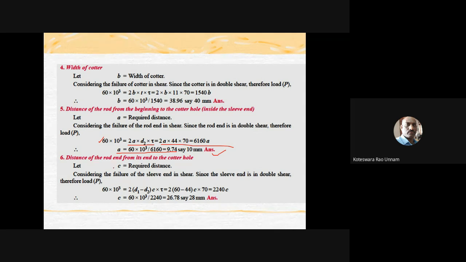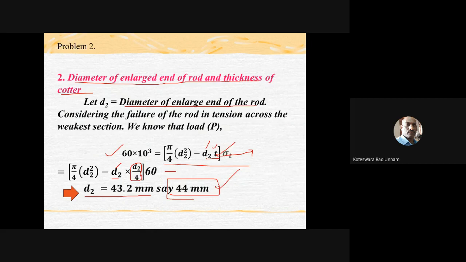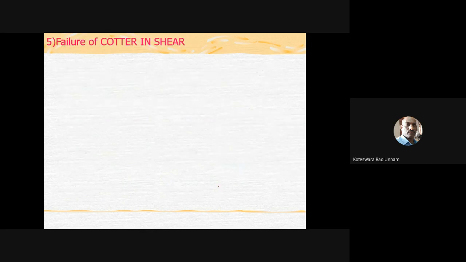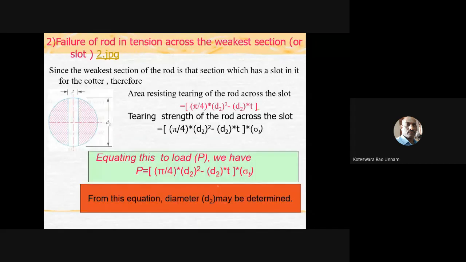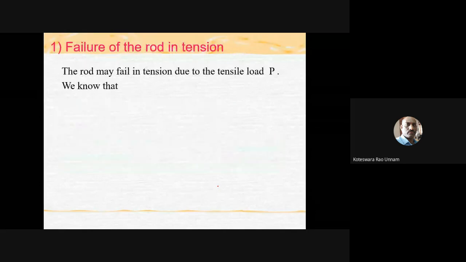Once you have that, the final parameter is C. For this, you need to consider shear failure of the rod end. For this, you need to consider shear failure of the sleeve end. I think maybe something is wrong here. Here he has taken the parameters A and C in a different way. Let me go back to the diagram.